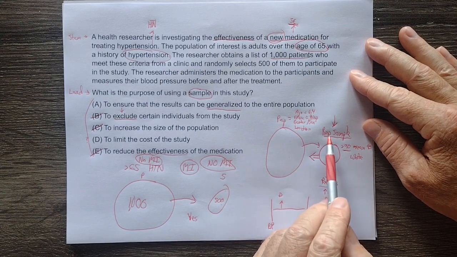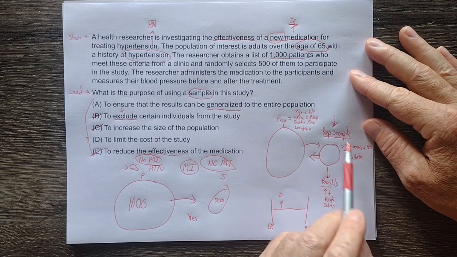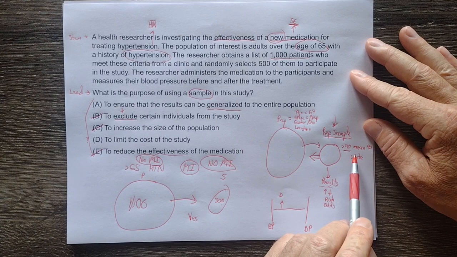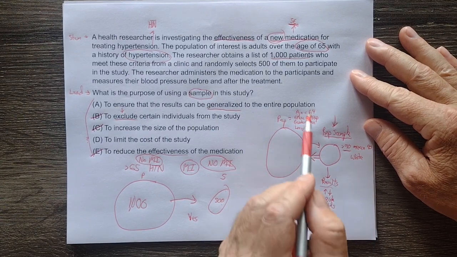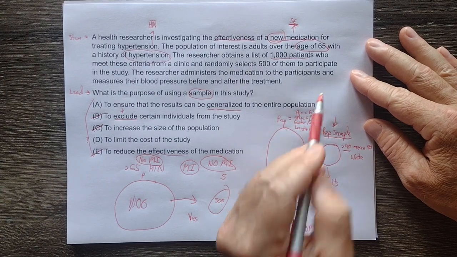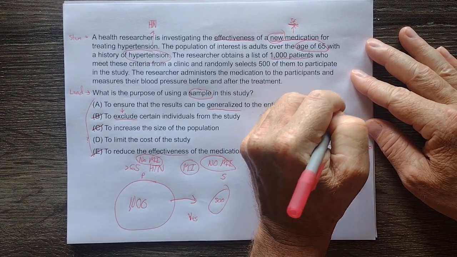And so when I say a representative sample, what we are trying to make sure is that this sample looks like this population, given all of these characteristics that might actually impact hypertension.